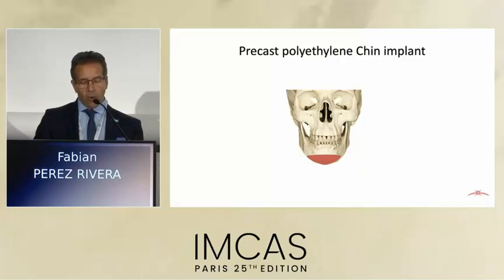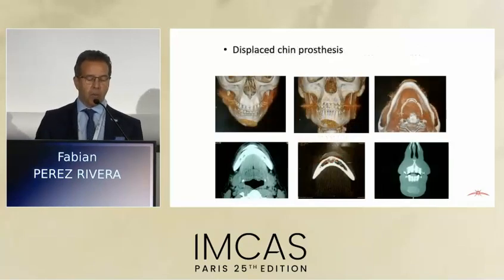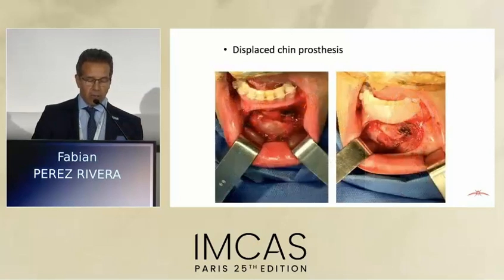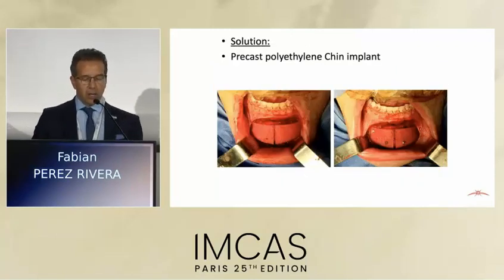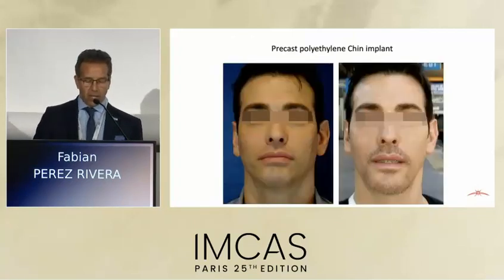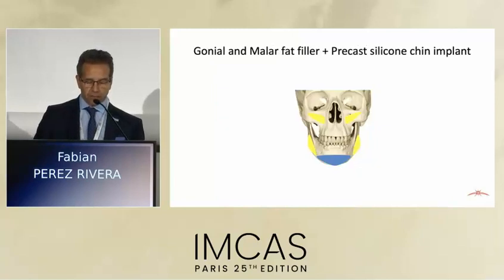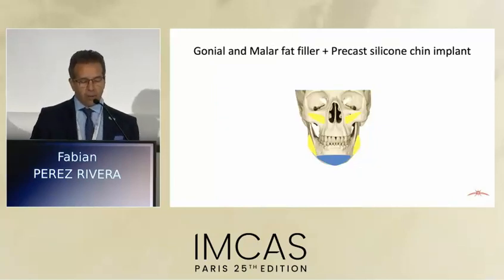We go forward. In this case, we decide a precast polyethylene implant because it's a complex case. The patient has a displaced chin prosthesis and asked me for a solution. First, I take out the implant, and after that, I put this precast polyethylene implant with rigid fixation. And here is the before and after of the same patient. We go forward.